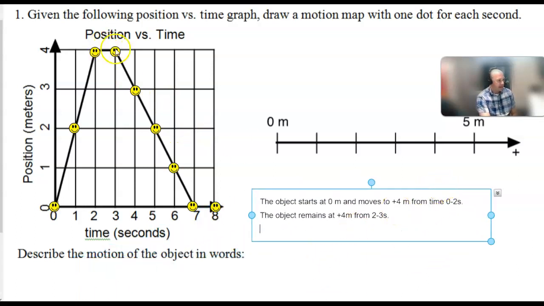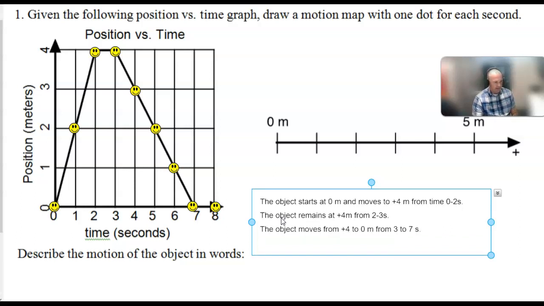The next one, I think, is this section here, where it looks like the line is moving down from, it looks like, positive 4 to 0. So the object moves from positive 4 to 0 meters from, it looks like, 3 to 7 seconds.